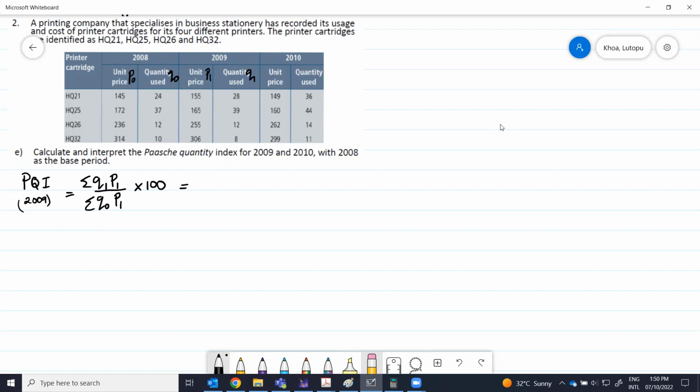So it's Q1, P1: 28 times 155, 39 times 165, 12 times 255, 8 times 306.